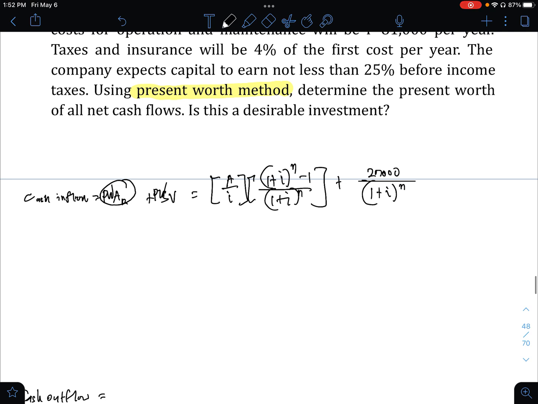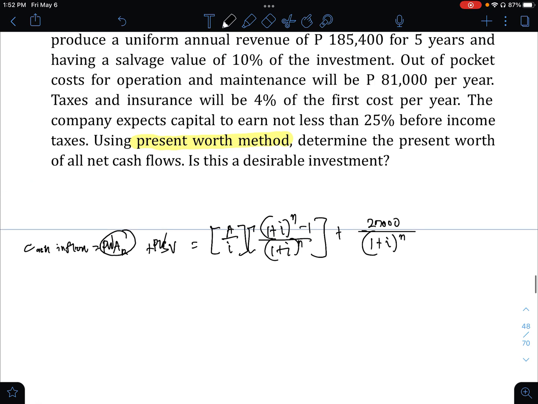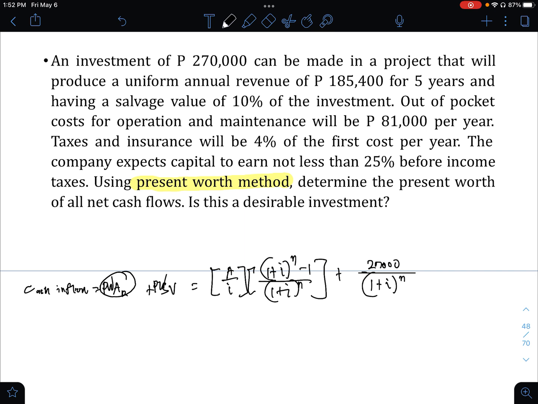Sige. So, what is our i here? Ang ating A is 185,400. Yan ang ating annual revenue, right? I-present natin siya. Present worth of 185,400. So, present worth of the annual revenue: 185,400 divided by i times, sa atin i, it's 0.25.